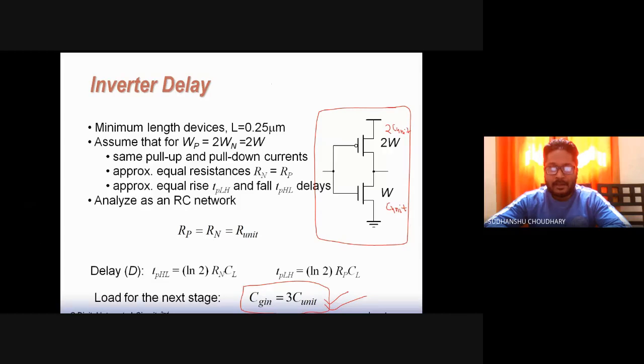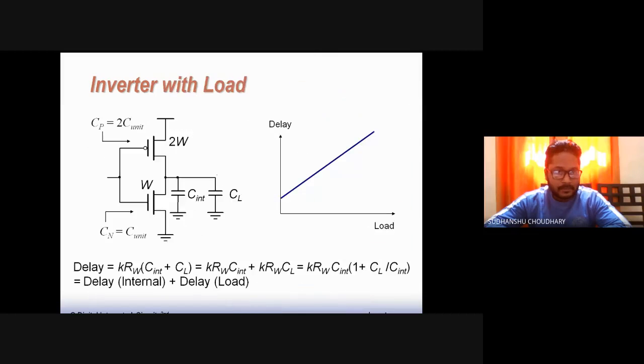In fact, our problem is that one inverter is driving the other inverter. So we have found the CG of this gate, CG in, and this appears as the load to inverter number 1. So this is CG in 2, and CG in 2 is the load to inverter number 1. Here it is explained, in fact, 2 C unit and 1 C unit we take for the PMOS and NMOS.